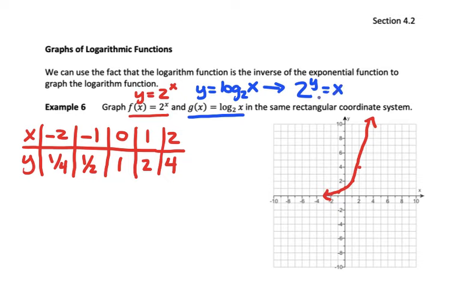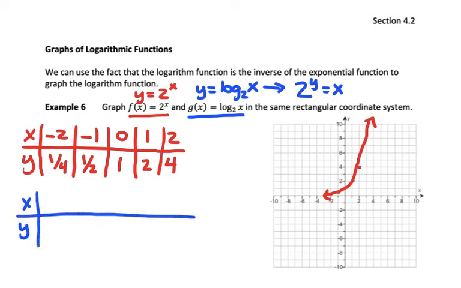And this shows why the two functions are inverses, because in the equations, I'm just switching the places of x and y. So as long as you have the same base, then you can just switch the x and y coordinates of the exponential function to get the points on the logarithmic function.